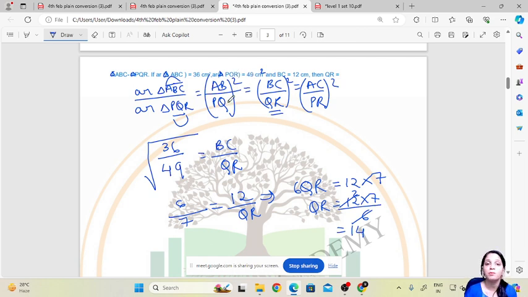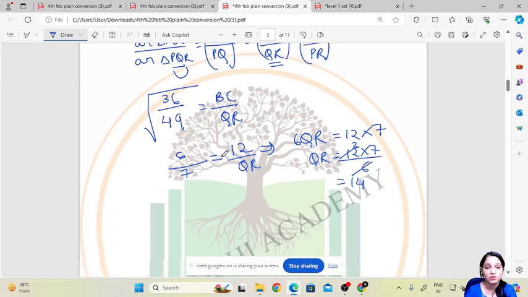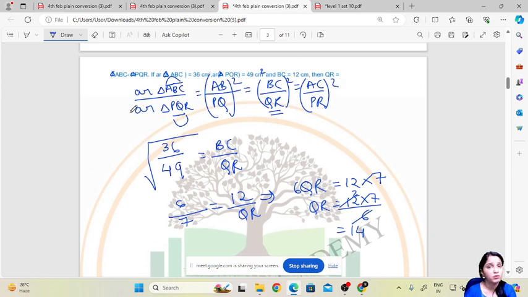AB upon PQ the whole square, BC upon QR the whole square, equal to AC upon PR the whole square. Now in the question they have asked about BC and QR, so we'll just take the second one. When this square we move to the other side, it becomes root. So root 36 upon 49 is equal to BC upon QR.